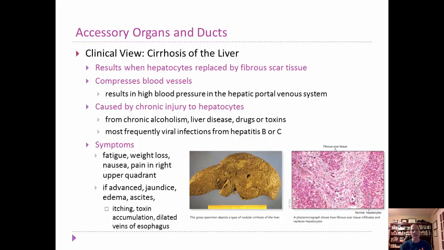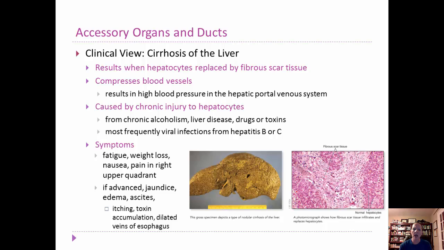Also, edema and ascites, mainly because since you don't have these normal hepatocytes, you're not able to make the albumin that you need, which is one of those key colloids that helps with reabsorption in the blood vessels.